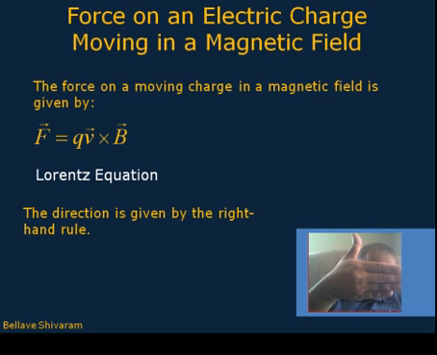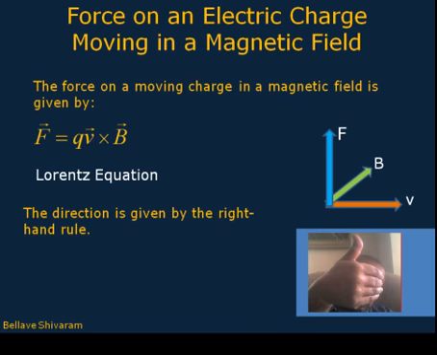Now, to state it one more time, the direction of the force is easily visualized by using the right-hand rule as explained in this picture. So what we do is we hold our four fingers in the direction of the velocity of the particle, and we direct the four fingers towards the direction of the magnetic field.